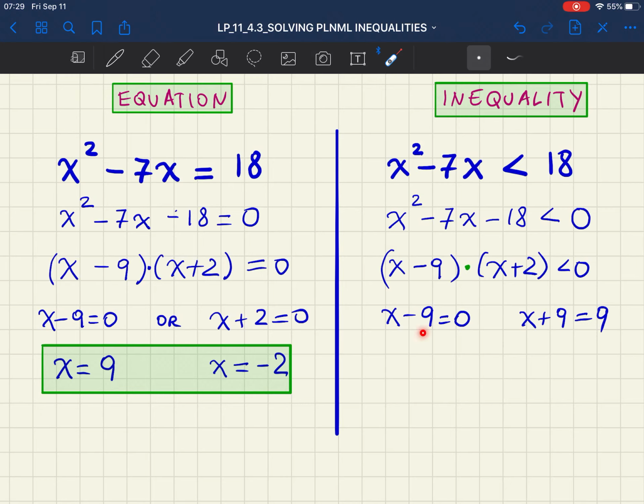This is the reason why we want to find the zeros of each factor. And the zeros of each factor here are 9 and negative 2.